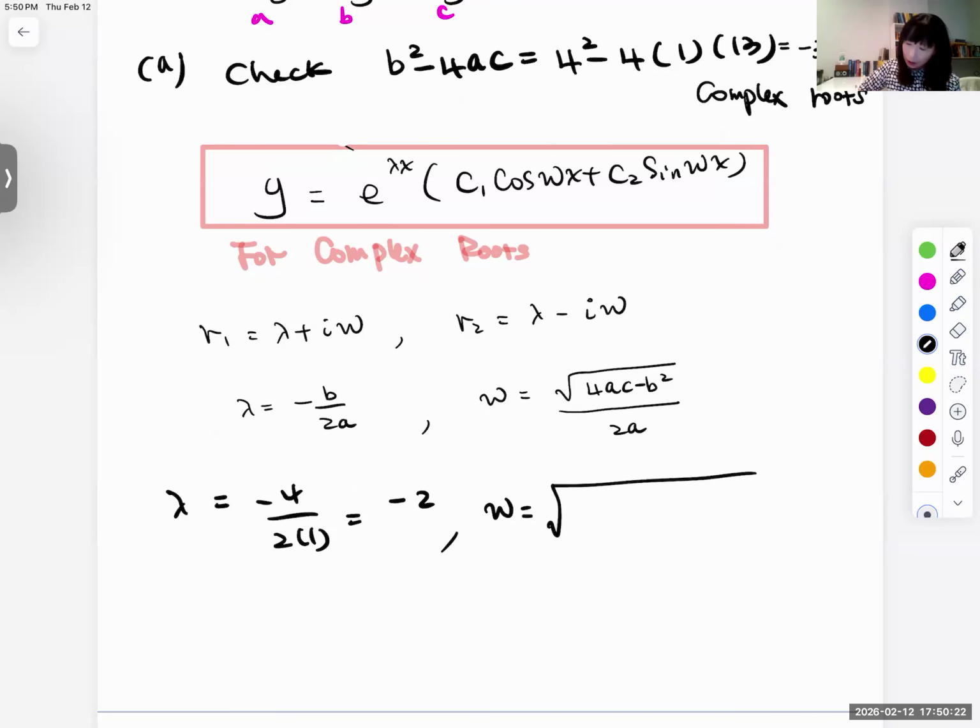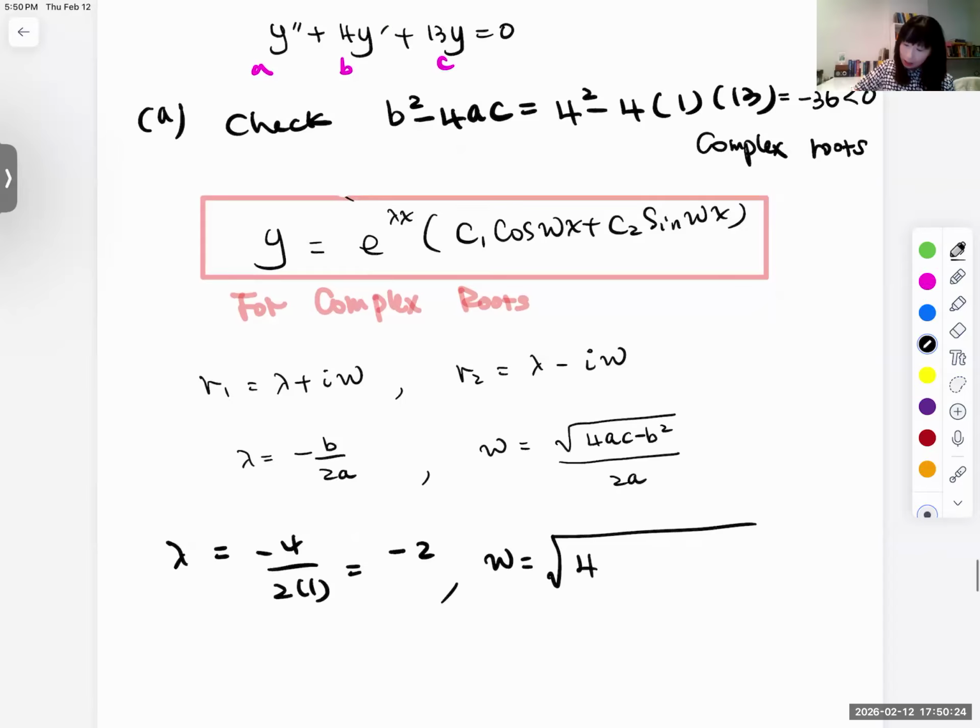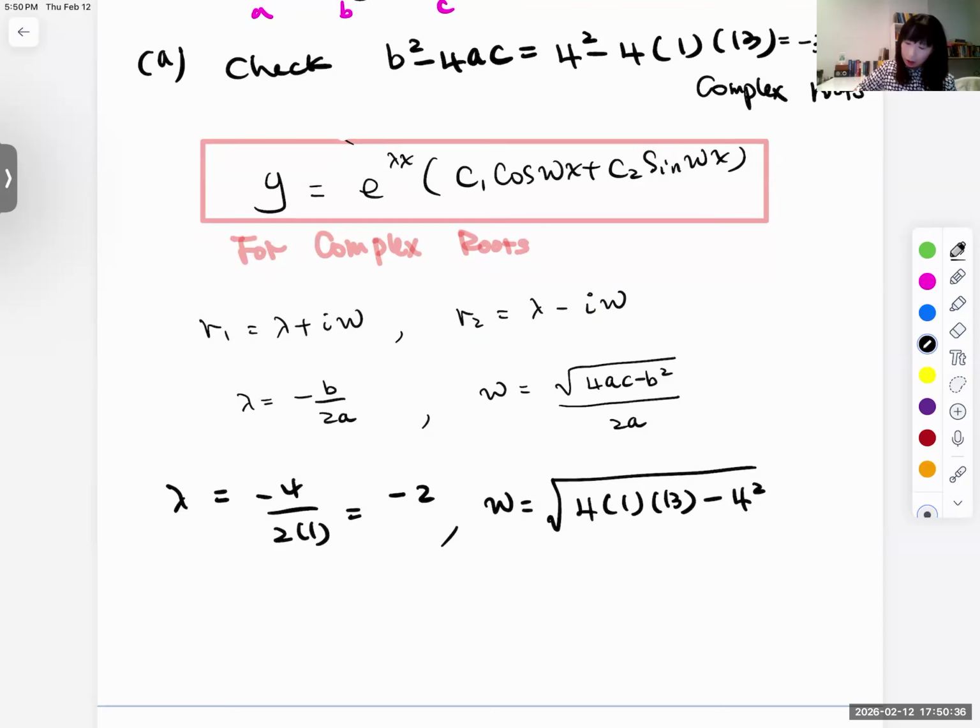So we have 4 times a, 1, c, 13 minus b squared, 4 squared, over 2a, right? Then what do you get? 16 and then 3, yeah?